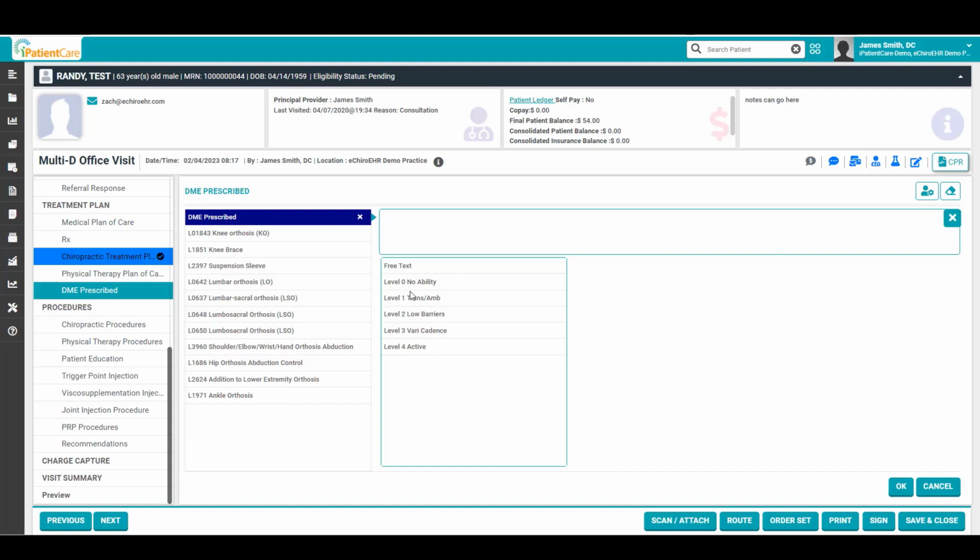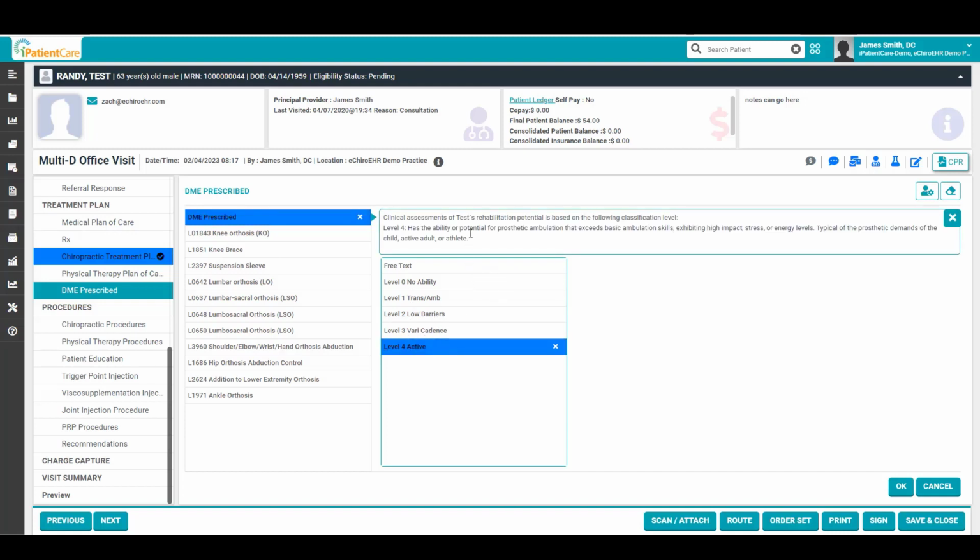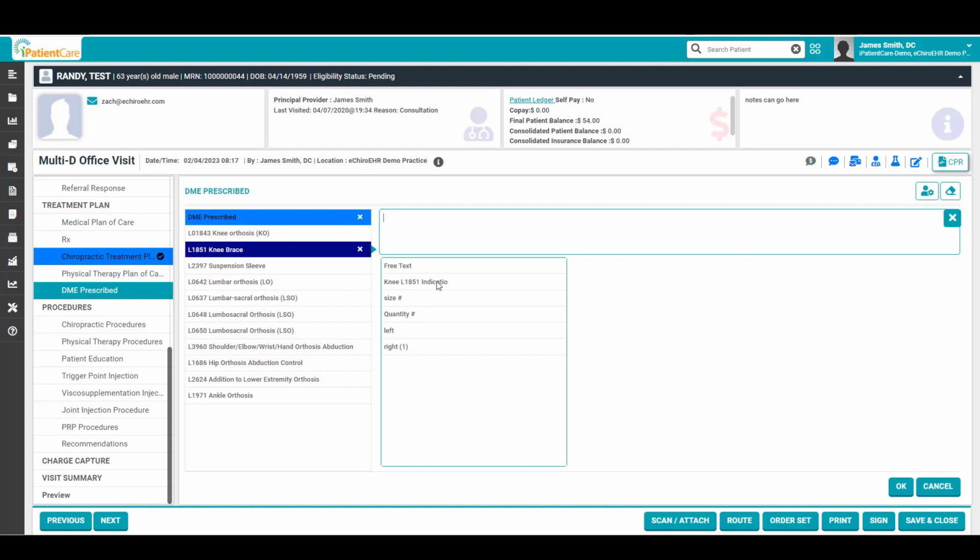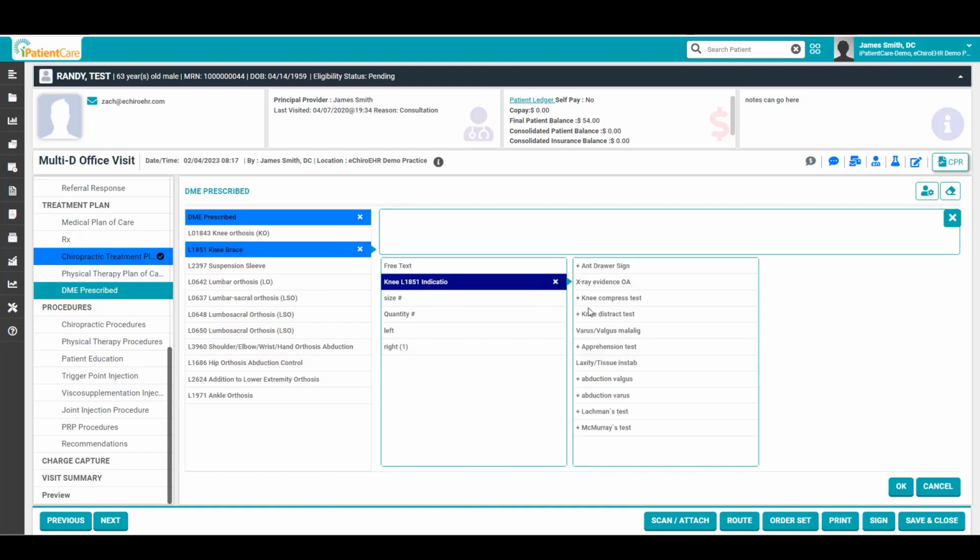So beginning right away, what level is the patient? And we'll just say that the patient is active. And of course, Medicare has that definition, and that's laid out there. And let's say the patient needs a knee brace. Well, what are the indications for that knee brace? Well, as you can see here, we would document those indications based on our exam findings.